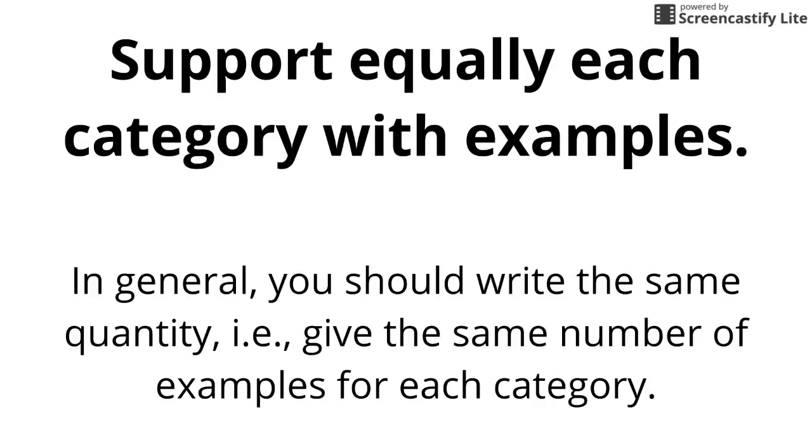You should give as equal examples as you can through the text that you are making. Of course, one category may take more than one example. That's fine, but you should have a minimum size for each paragraph.